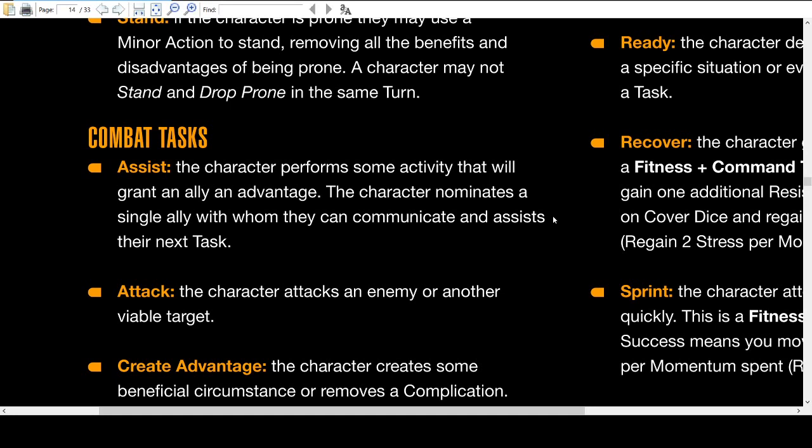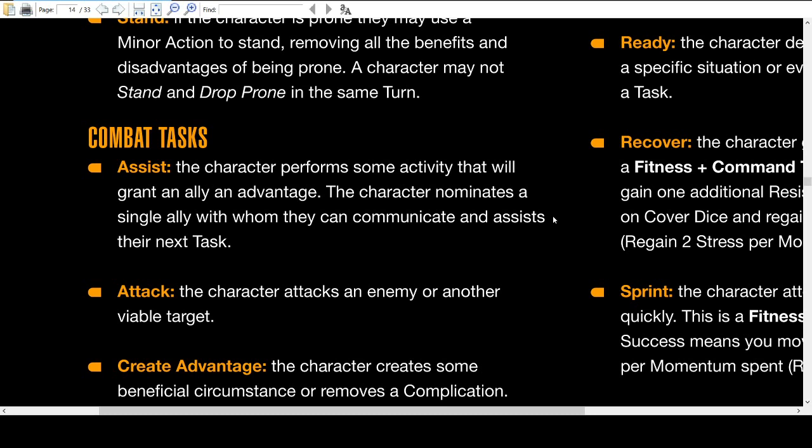There are actually quite a lot of options when it comes to tasks and minor actions, and naturally some are used more often than others, but it's important for players to realize how many options they have available, especially in certain games.